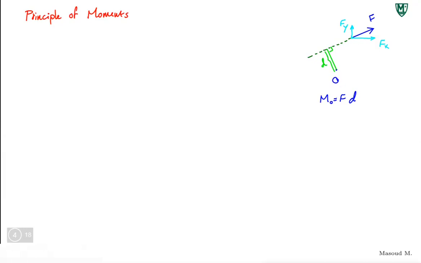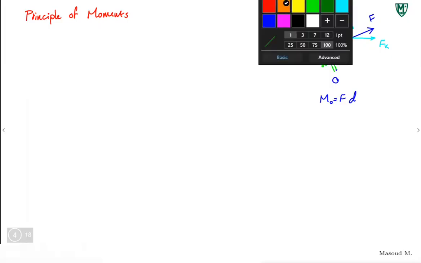Well, it's a system of forces. So in order to find the moment of this system of forces about point O, we have to find the moment of each force about point O and sum them up, an algebraic sum. If I want to find the moment of Fx about point O, this would be the perpendicular distance.